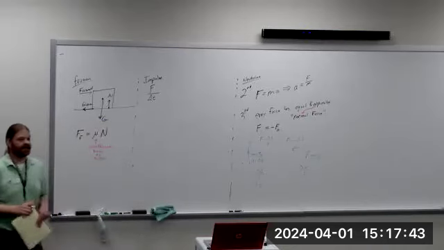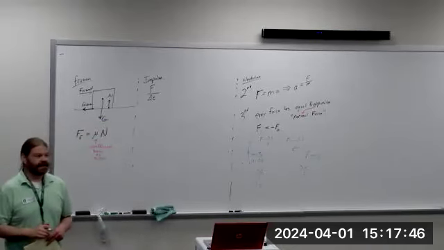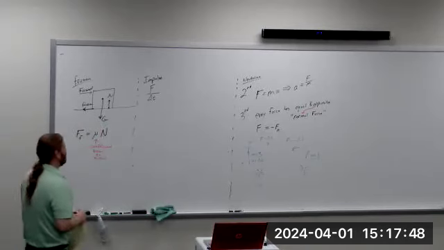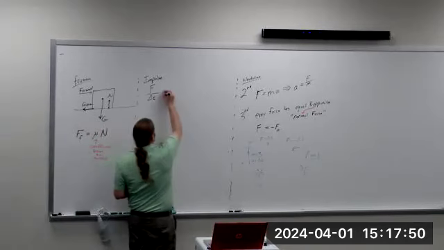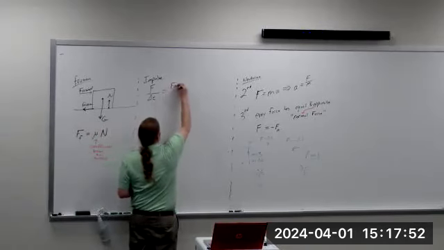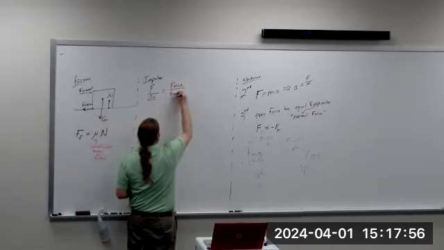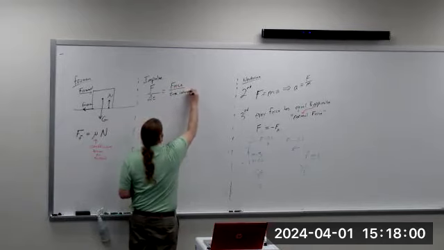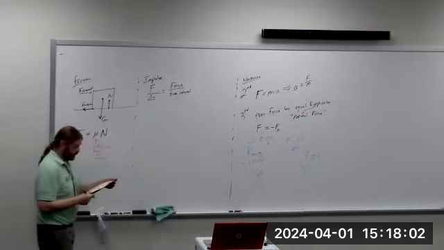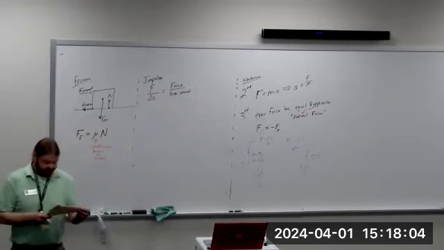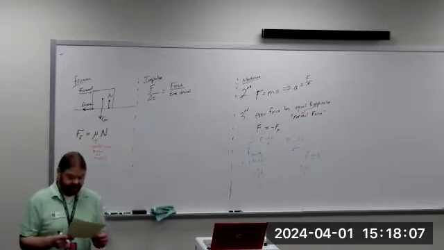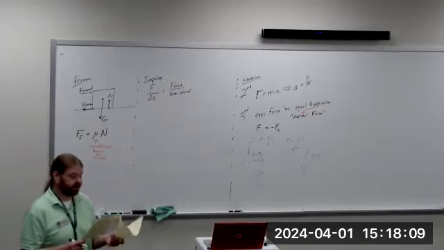So force over change in time, which we would probably read as time interval. Force per time interval. It's a nice way to state that in English. The time interval over which we apply the force.